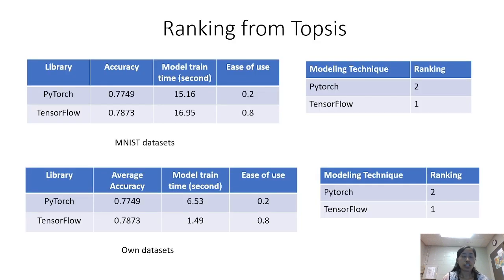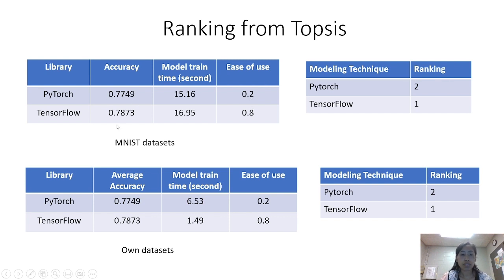Next we got the ranking from the top 6. For that we took accuracy, modeling time, and ease of use. Accuracy and modeling time are the ones we got from training and testing our model. Ease of use is how flexible all the team members felt, and we averaged it.